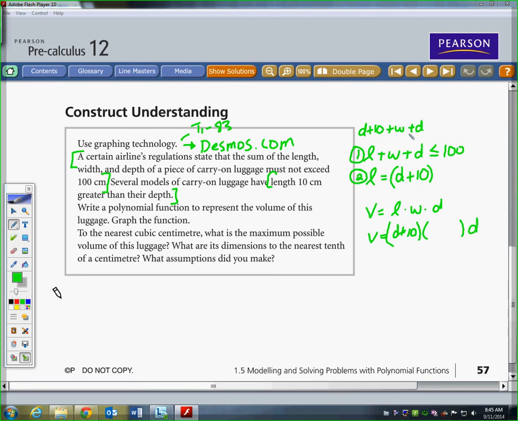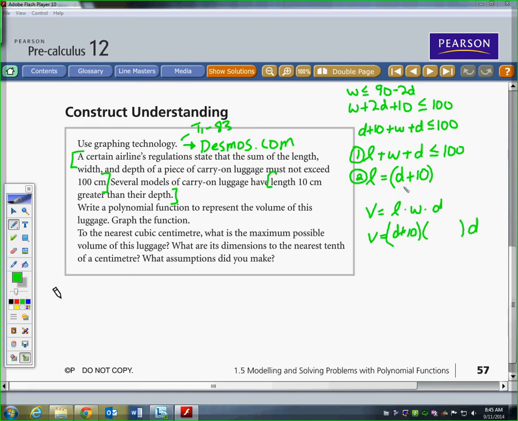If I solve for w now, I would get w plus 2d plus 10 is less than or equal to 100. So now if I subtract those from both sides, w is going to be less than or equal to 90 minus 2d.